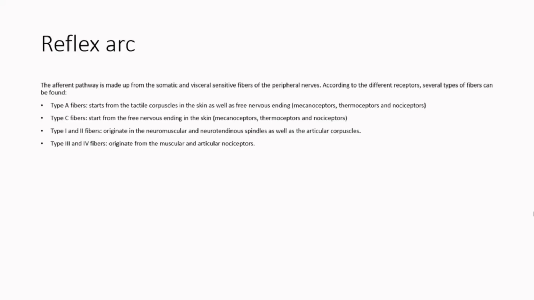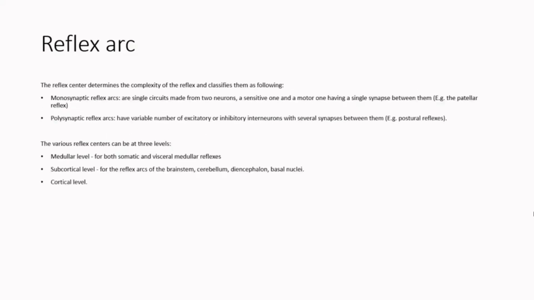Type C fibers start from the free nervous endings we find in the skin, and they are more nociceptors. Type 1 and 2 fibers originate in the neuromuscular and neurotendinous spindles, but we can also find them in the articular corpuscles. Type 3 and type 4 fibers originate from the muscular and the articular nociceptors.